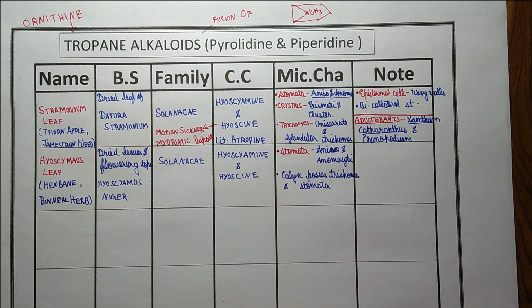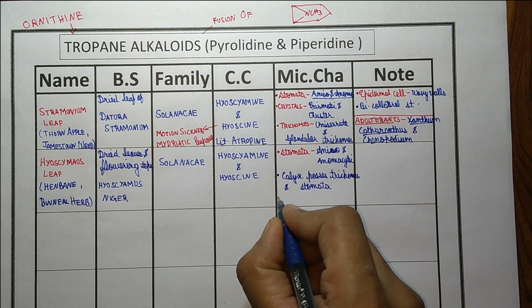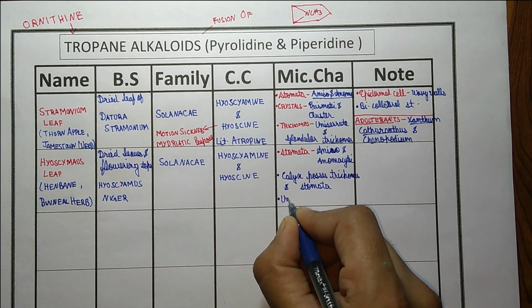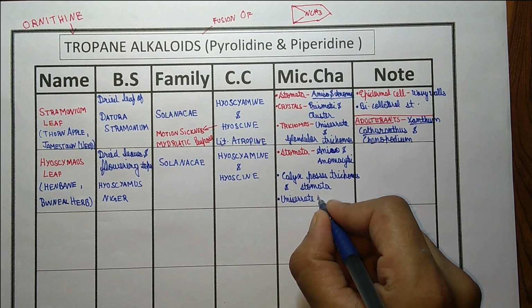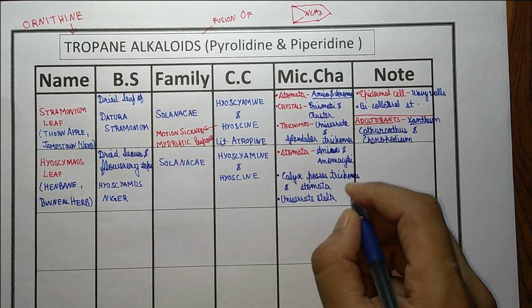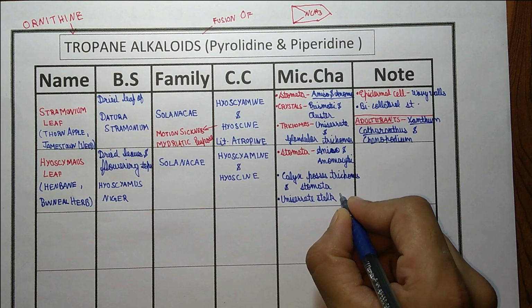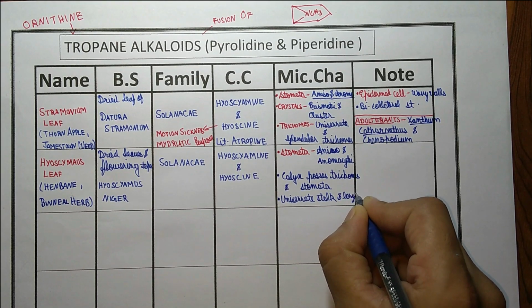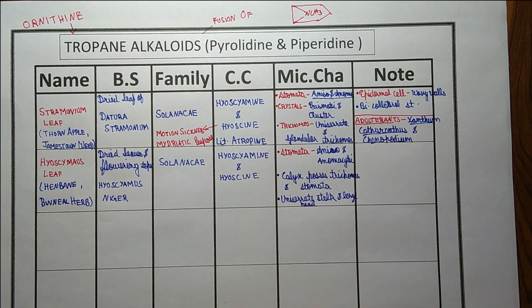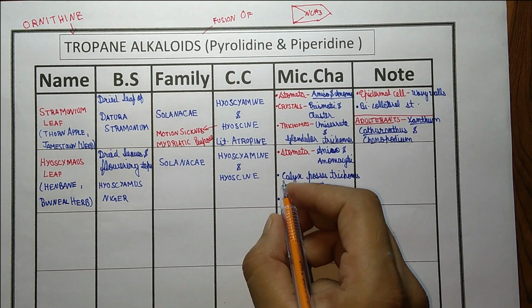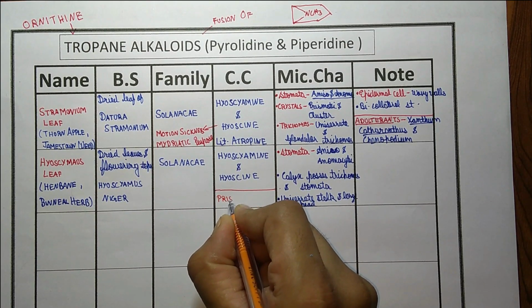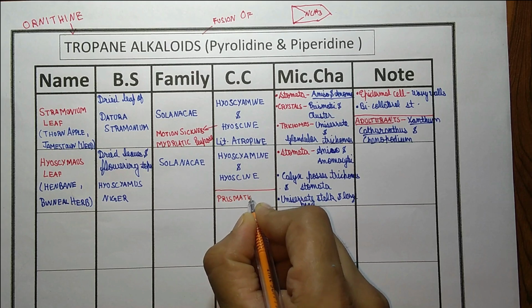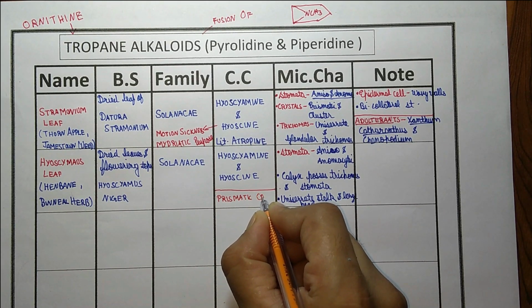And next, it has a uniseriate stalk and large head. And it also has prismatic calcium oxalate crystals. Just note down that we can write here: prismatic crystals.